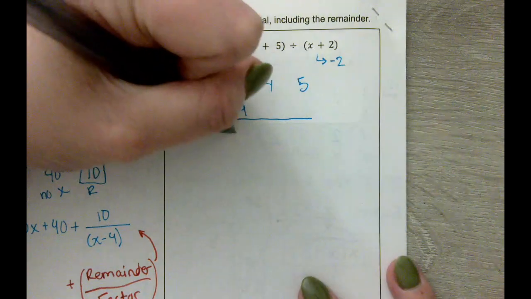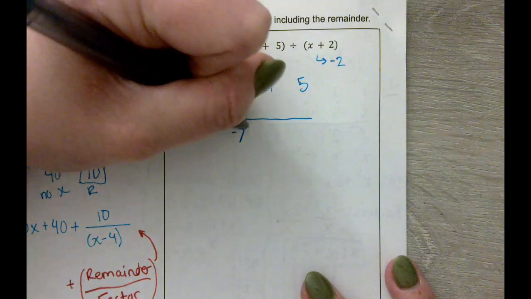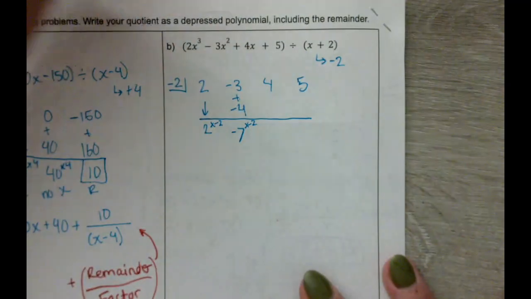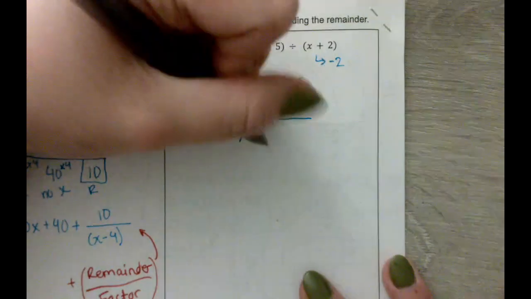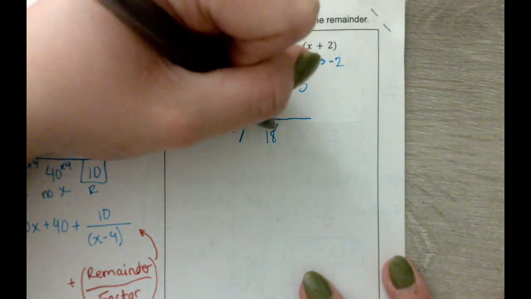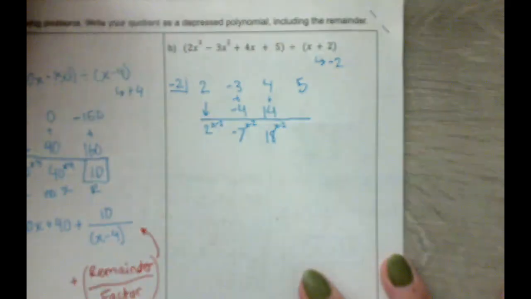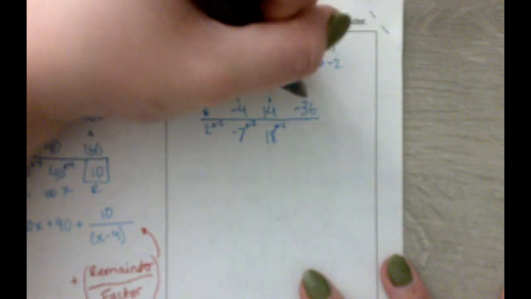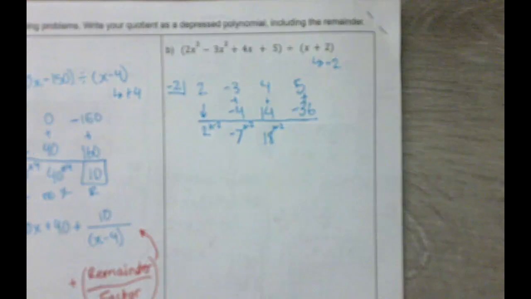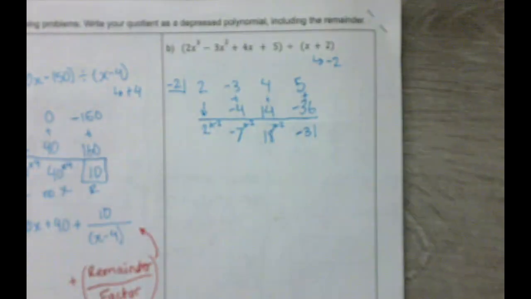That gives us negative 7 times negative 2. That's positive 14. 14 and 4 give us 18 times negative 2. That's negative 36. And then add that with the 5, and we get negative 31 as our remainder.